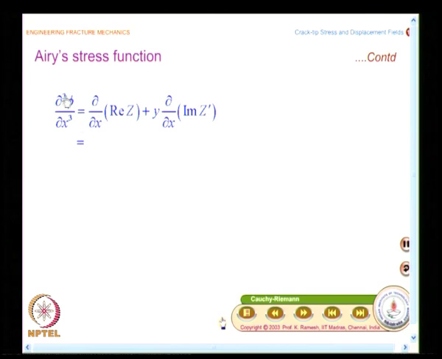You know, when you are differentiating with respect to x, it is simple and straightforward. It is quite easy for you to handle. So, when I do this, I get this as real part of z prime plus y imaginary part of z double prime.